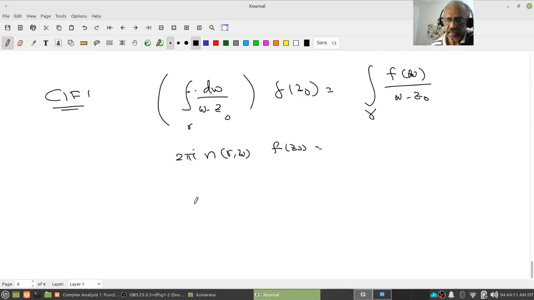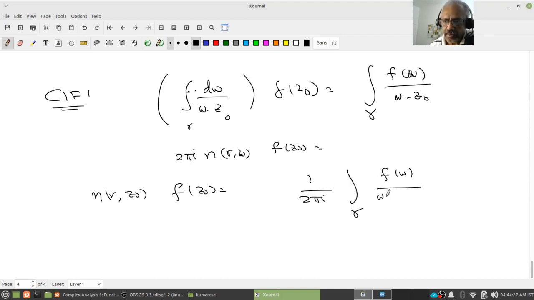Therefore n gamma z0 into f of z0 equals 1 by 2 pi i integral over gamma of f of w by w minus z0, as long as z0 is not on gamma. So pause, review, proceed. I have not done anything. Please understand, I have not done anything.